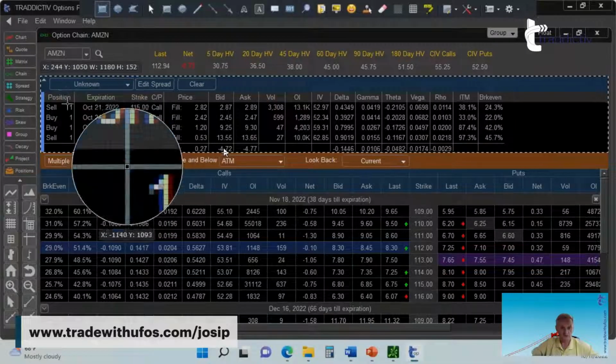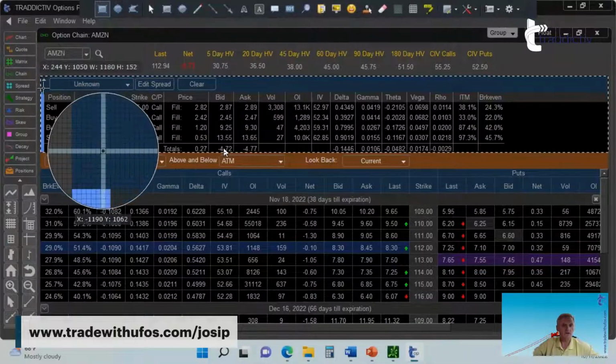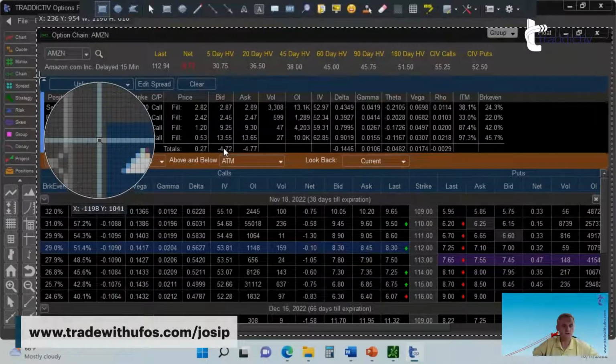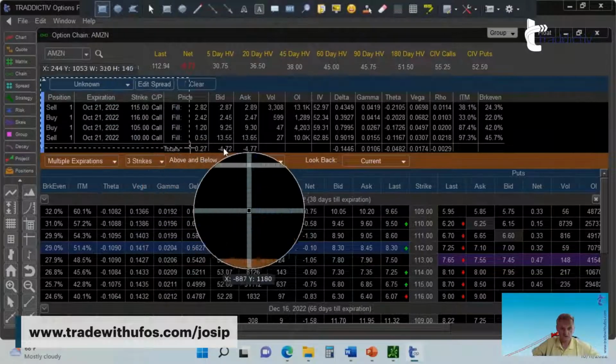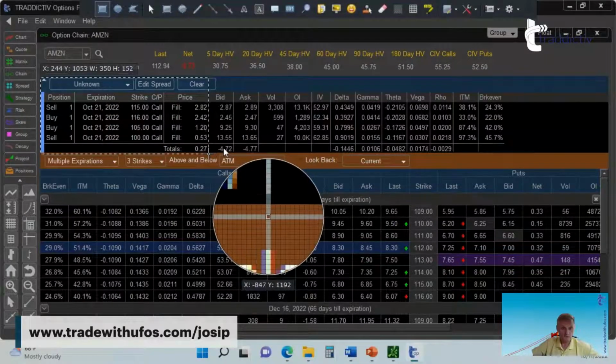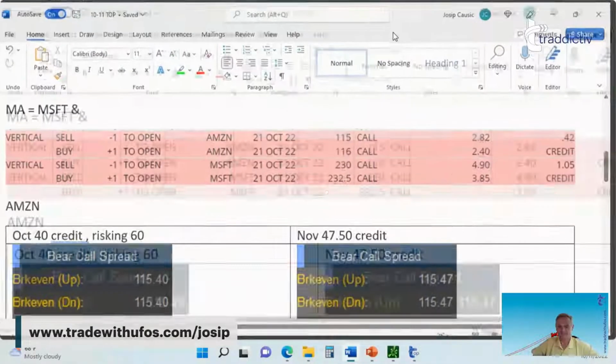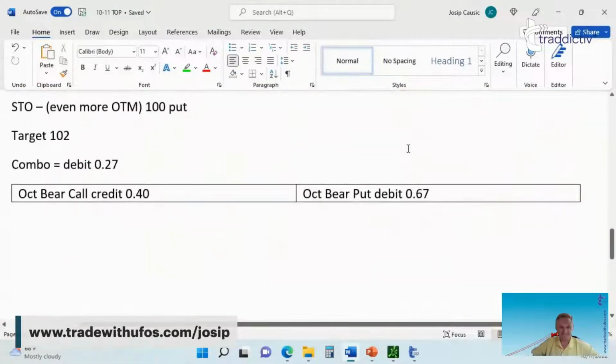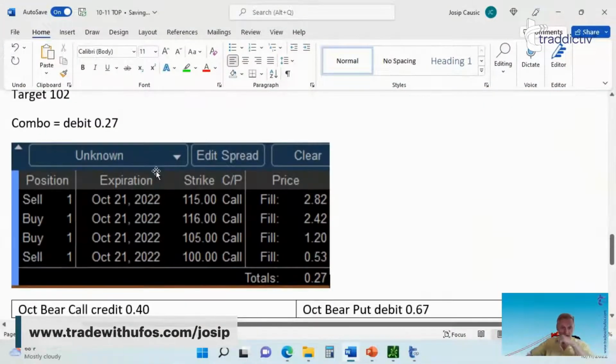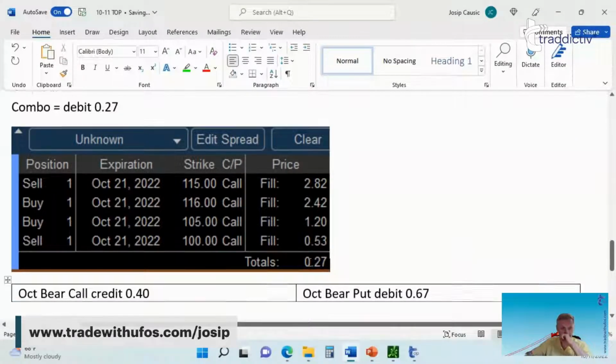If you can observe here, I'm going to walk you through this very slowly because we are fine with time. We don't need to get stressed out at all. We have time, 11 minutes. And this 27 cents that I calculated, it's right here.